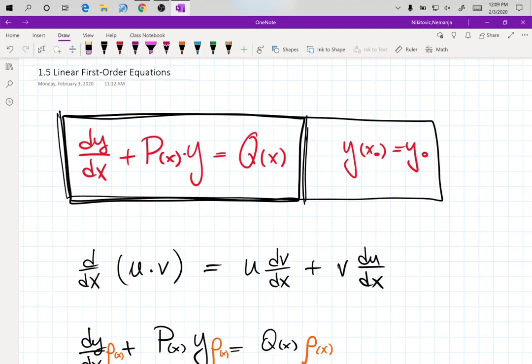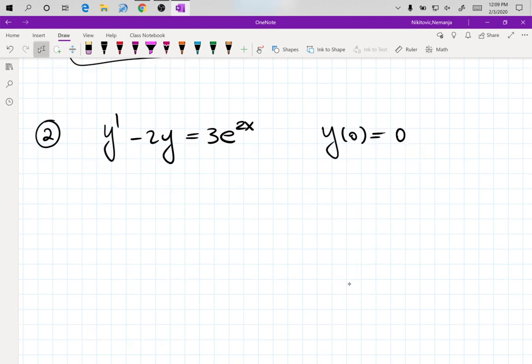So our p is negative 2 for this problem. You can't get anything cheaper than a constant for a p. Remember, it can be cosine squared minus 7. And then, right, good luck from there. Or ln of cosine squared. Just kidding.